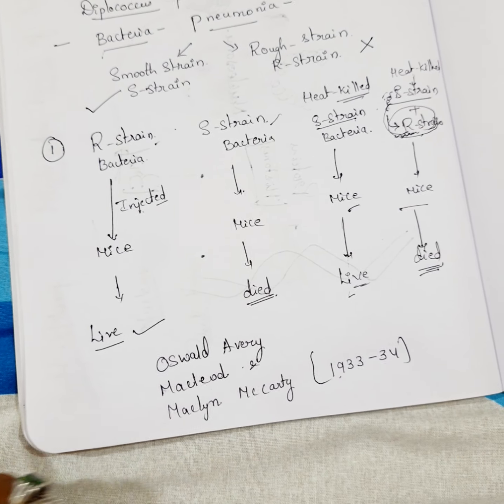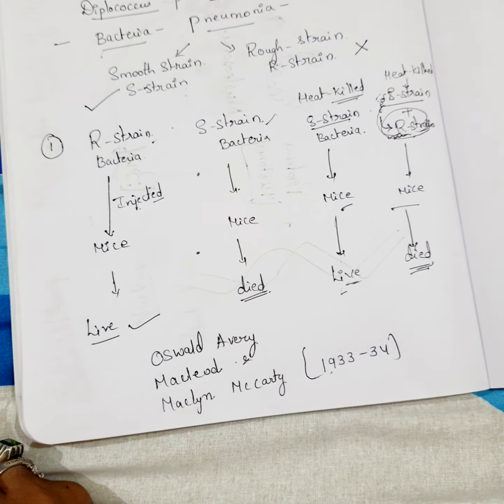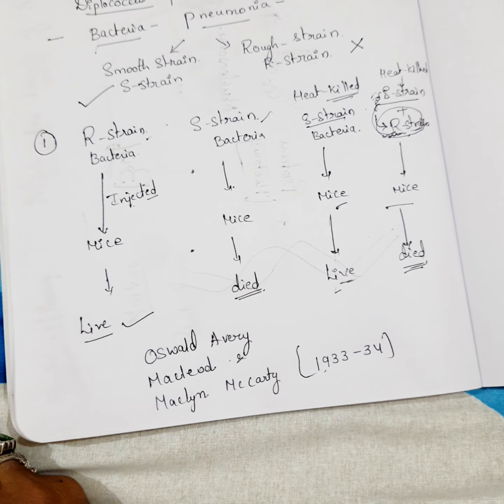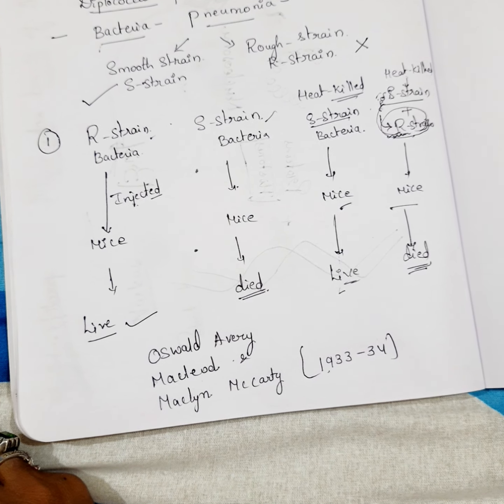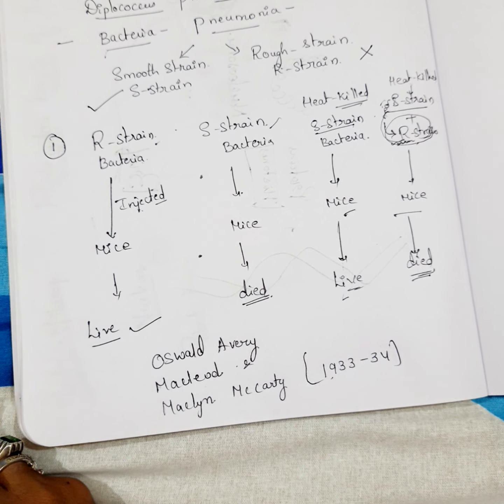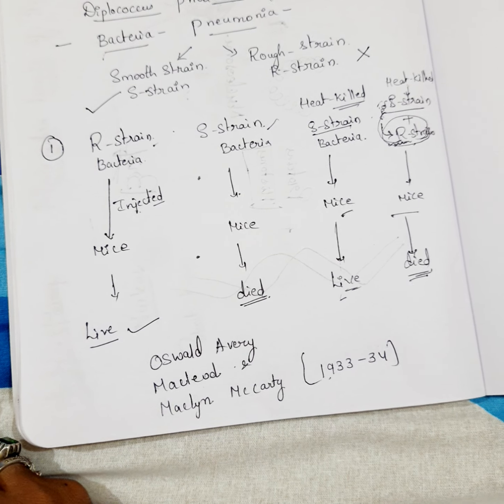So what have they done? The genetic material was thought to be a protein. So they worked to determine the biochemical nature of the transforming principle in Griffith's experiment.